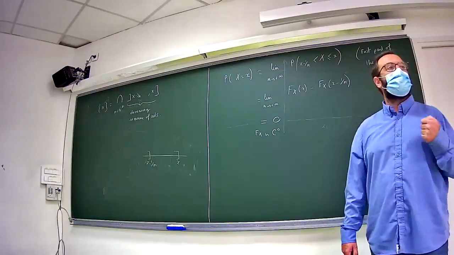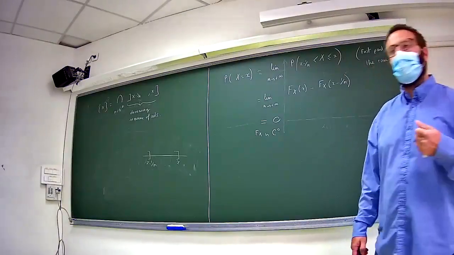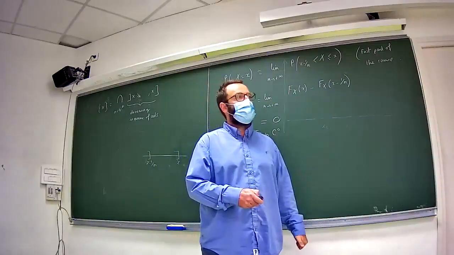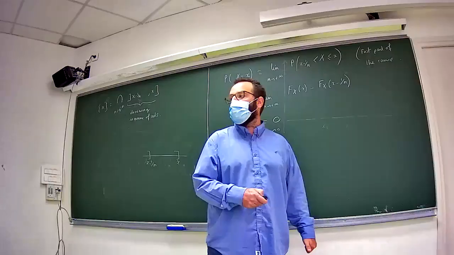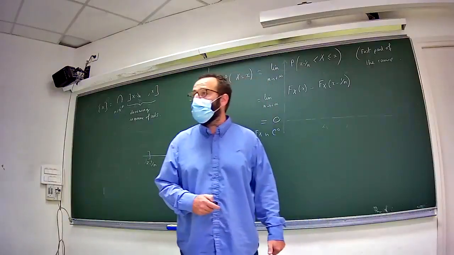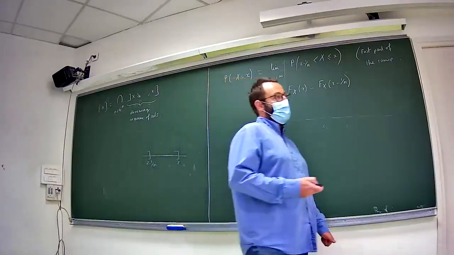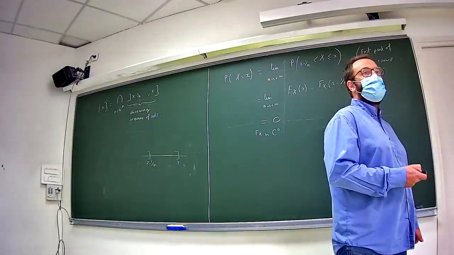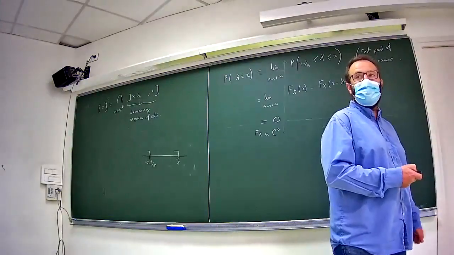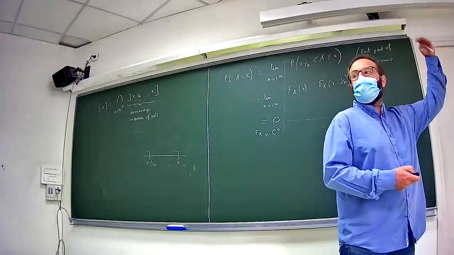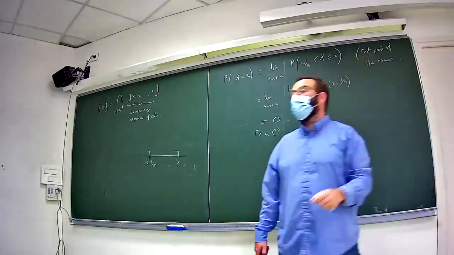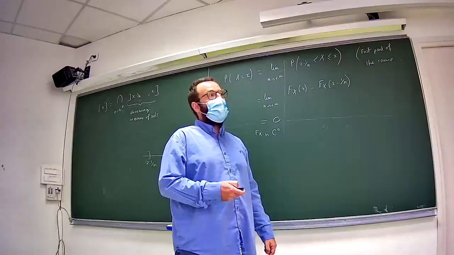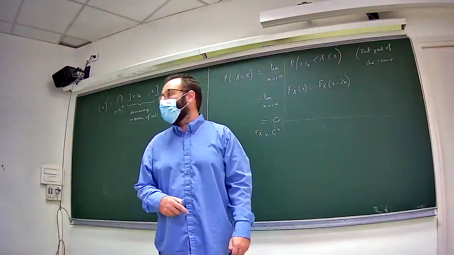So if I ask you to prove that something is a density function, you have to prove first that it is positive in the large sense, always positive, not necessarily strictly positive. Then I want you to prove that you have a mapping that is continuous in the classical sense, that is without jumps, not necessarily everywhere, but on the whole of R except for a finite number of points.